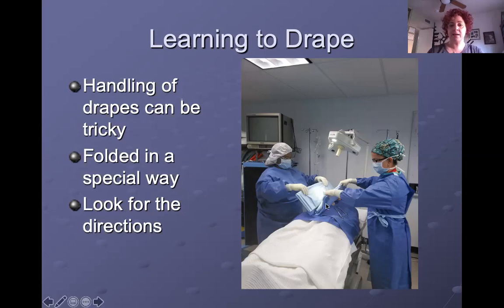And as the surge tech, you are going to look for the directions on the drape. Thank goodness, the majority of drapes, I would venture to say all drapes for the most part, have directions on them or little arrows or something that gives us some kind of sign of how to orient them. That's going to be one of our jobs, right?